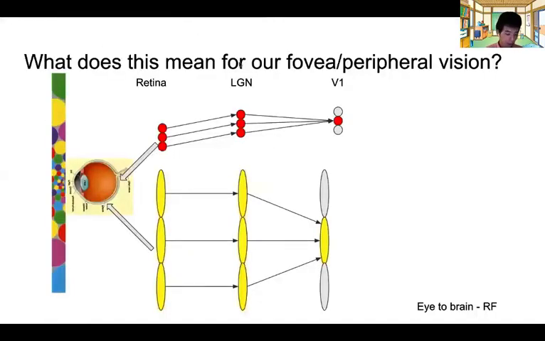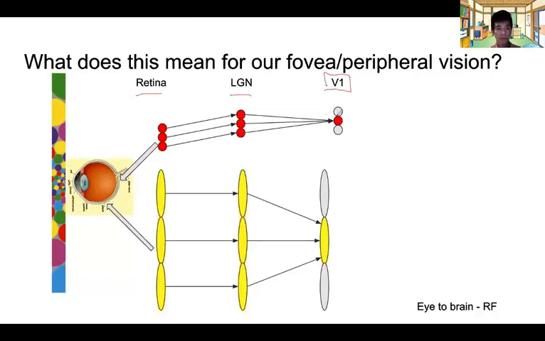Okay, so what it means in terms of our fovea and peripheral vision. As I said, in the central retina, each of the ganglion cells actually projects almost one-to-one, with no transformation happening from retina to the next stage of visual processing called the lateral geniculate nucleus. I will spell it out later. And then at the level of V1, the primary visual cortex, these LGN neurons tend to converge onto one neuron.